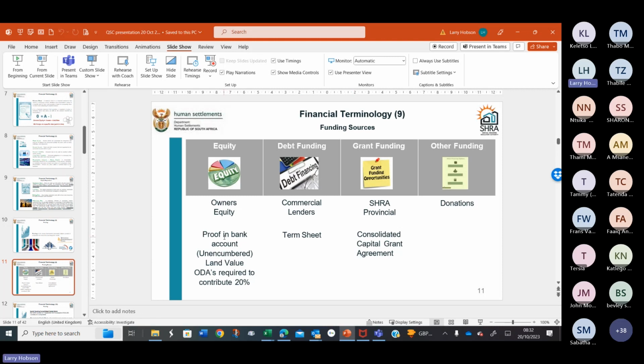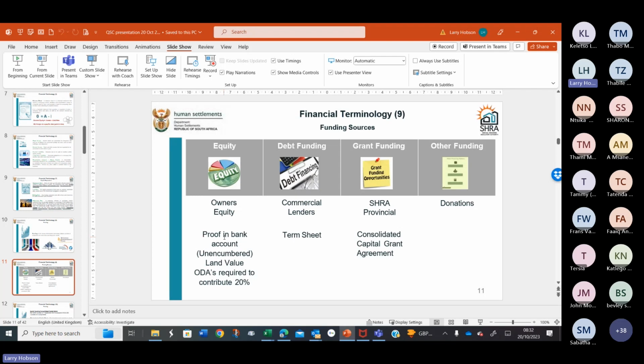Those who were part of the QuickScan A and B will remember us talking about the contribution that is required by other development agents other than social housing institutions. You've got to have 20% of your project funded by owner's equity.